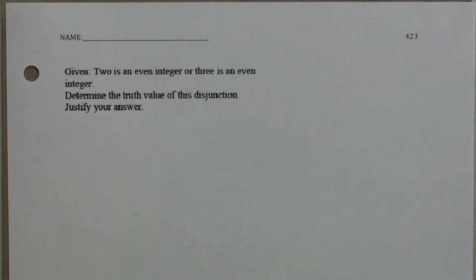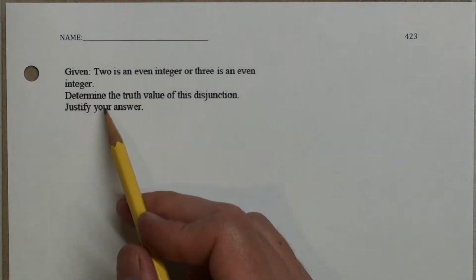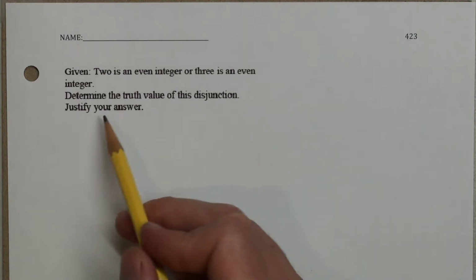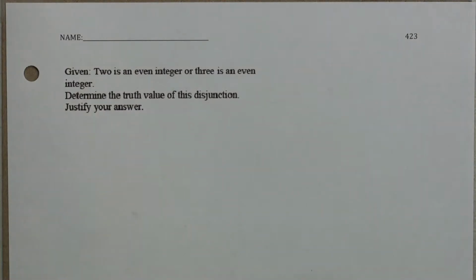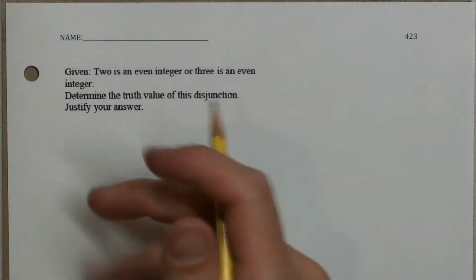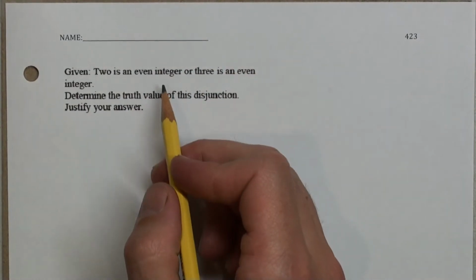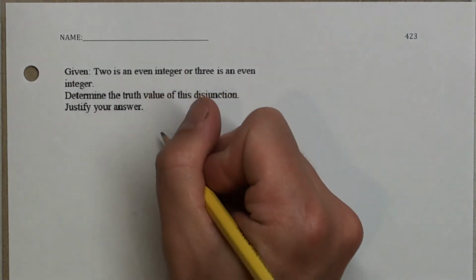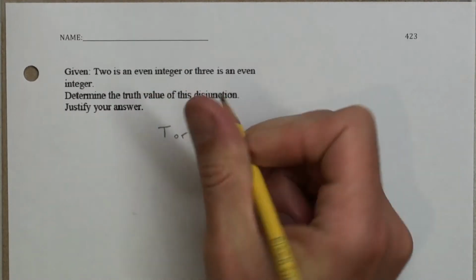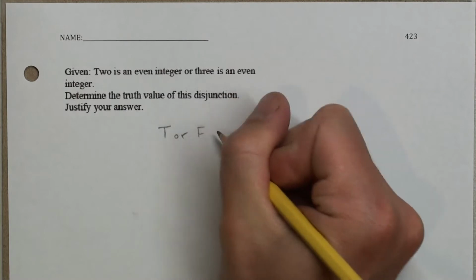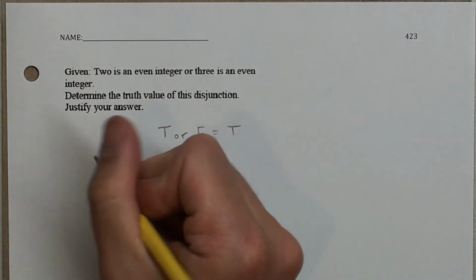Two is an even integer or 3 is an even integer. Determine the truth value of this disjunction. Justify your answer. So 2 is an even integer, true, or 3 is an even integer, false, equals true.